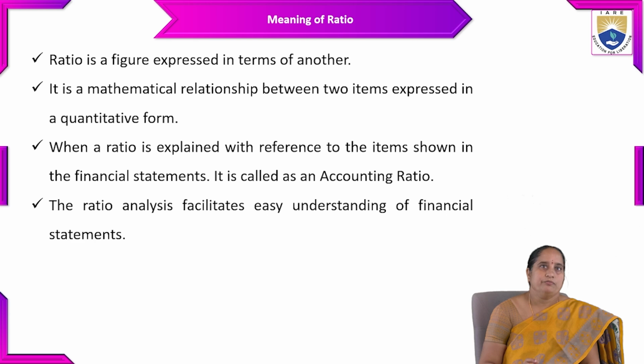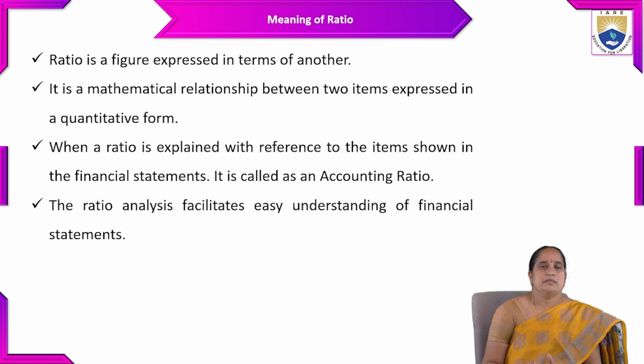Coming to the meaning of ratio, a ratio is a figure expressed in terms of another. It is a mathematical relationship between two items expressed in quantitative form. When a ratio is explained with reference to the items shown in the financial statements, it is known as accounting ratio.